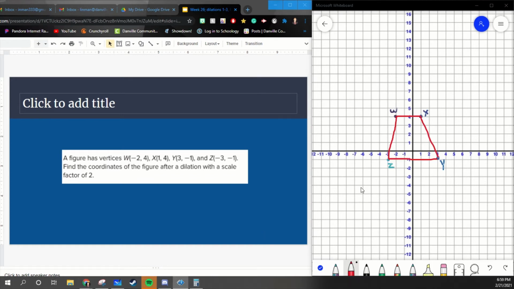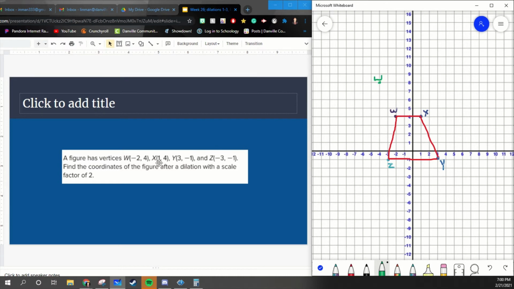So you can see here I've graphed our original pre-image, our vertices W, X, Y, and Z. So let's go ahead and graph the image after our scale factor of 2. So W, that negative 2 is going to become a negative 4, and that 4 is going to become an 8. So we'd be at negative 4, positive 8 for W now.